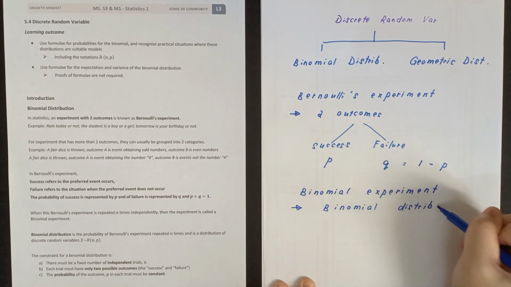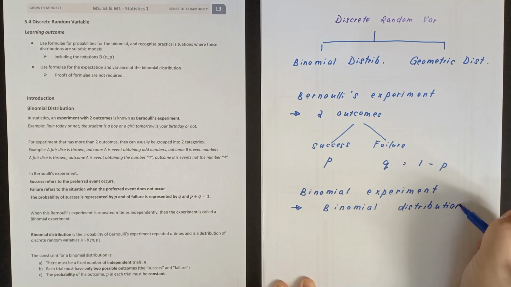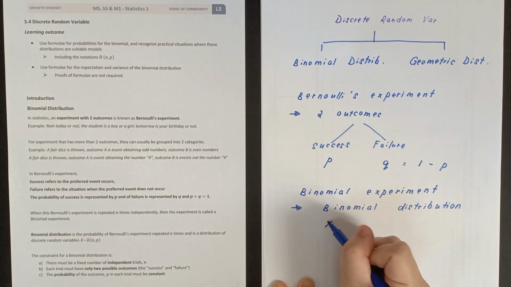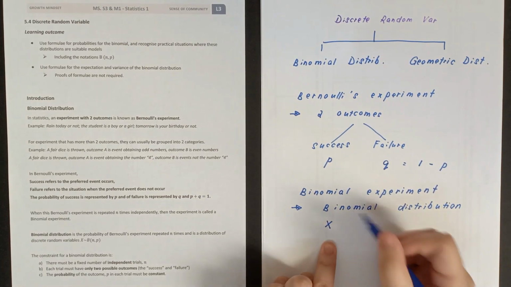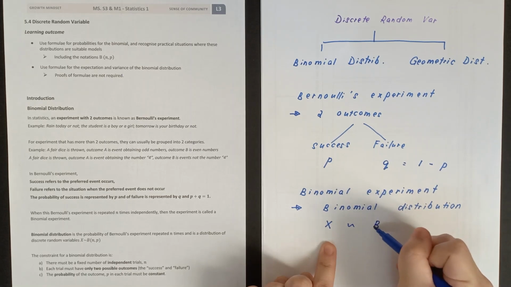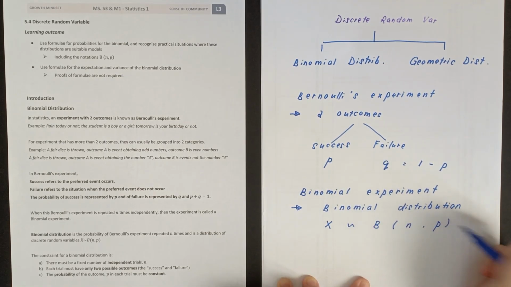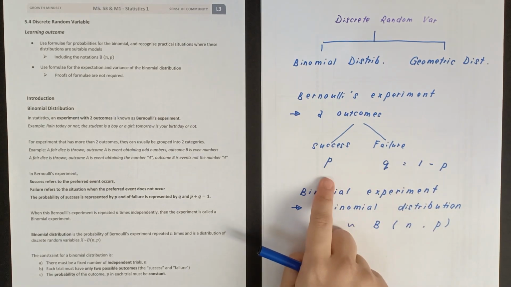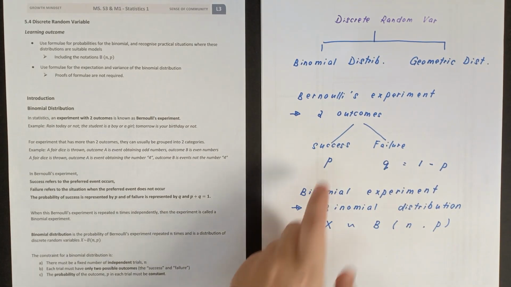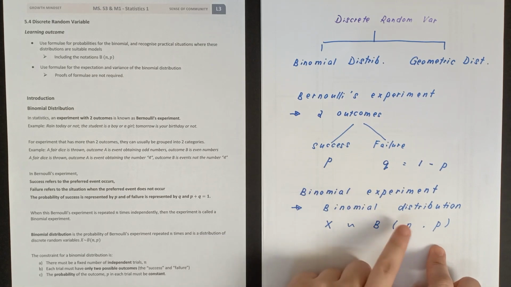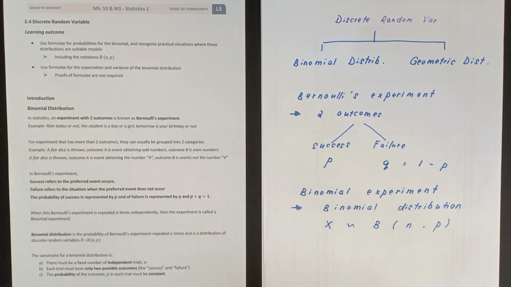For a binomial distribution, we normally denote the discrete random variable as a binomial distribution with n and P. Just now we already said what P is: the probability of getting a success. N is how many times you repeat your experiment.